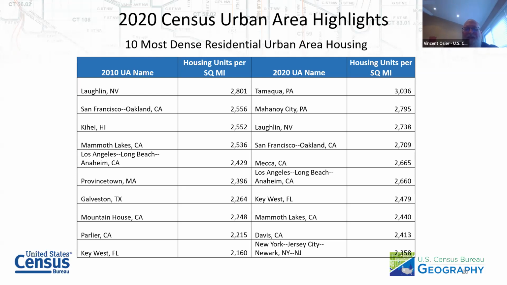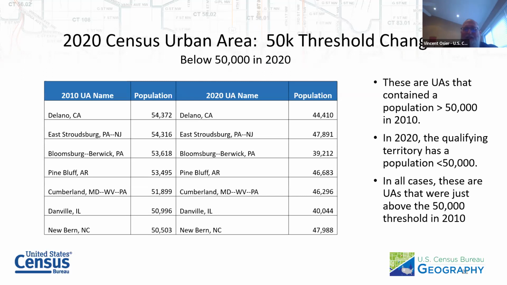Even though we don't consider our criteria and our delineation based around any programmatic needs, we know that the 50,000 threshold is very important, especially with the transportation planner community and the MPOs.